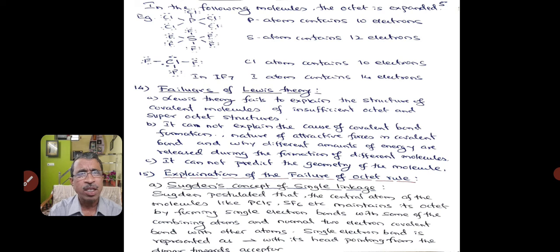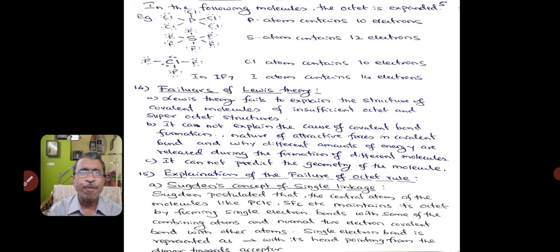It cannot predict the geometry of the molecules. Let us see how we can explain these failures, that is, the explanation of the failure of the octet rule. So the major one is this.